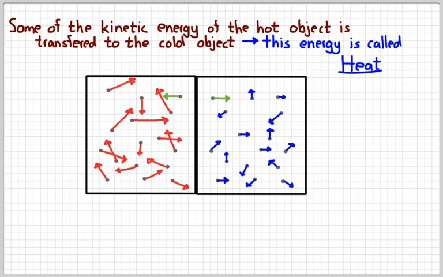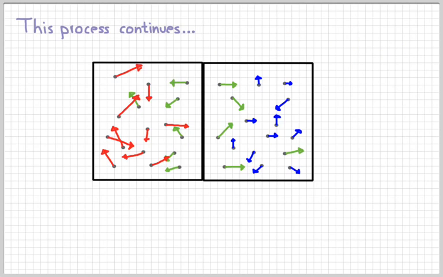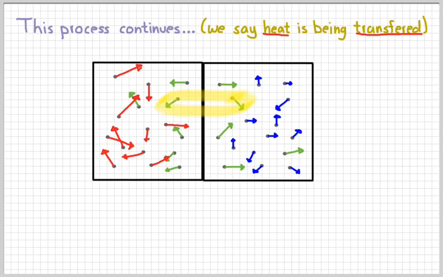So when we say heat is transferred from one thing to another, that's all that we're talking about. Energy is transferred from one set of particles to the other via collisions. And so this process is going to continue, for instance, between these particles right here. And what we say is that heat is being transferred from one object to another.